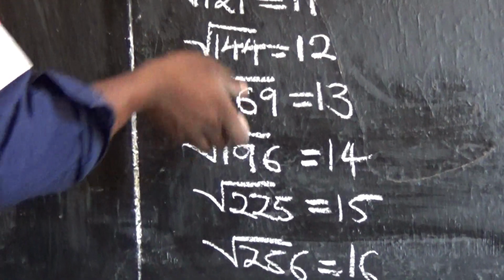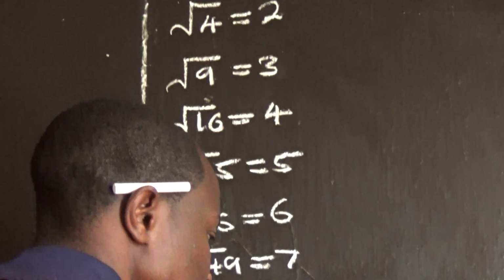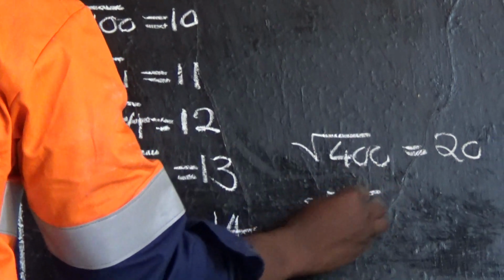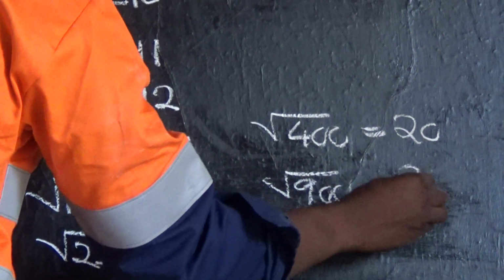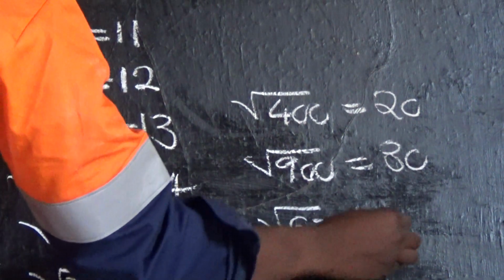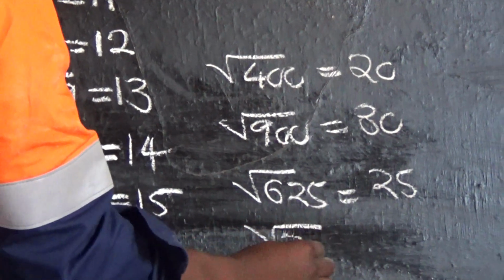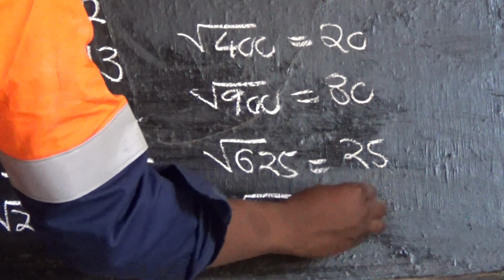Yes, we need to know all these. If you square root 400, you get 20. Square root of 900, you get 30. Square root of 625, you get 25. Square root of 324, you get 18, and so on.